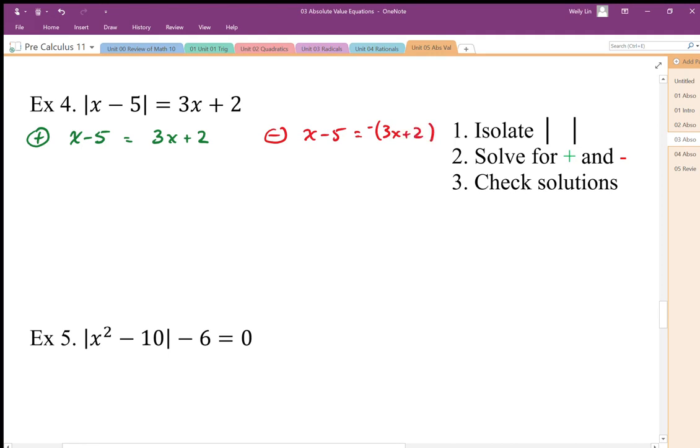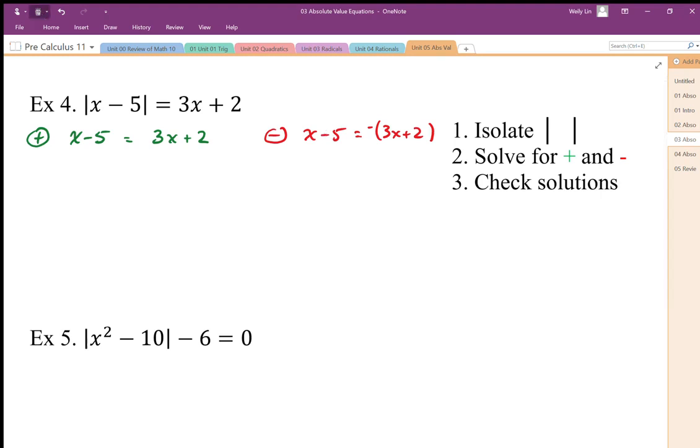Now, the textbook, if I'm not mistaken, actually put the negative on this side, but that's okay. It doesn't really matter which side the negative's on. We can just make this the opposite sign and then make it equal to positive. Either way, we'll end up with the same solution.